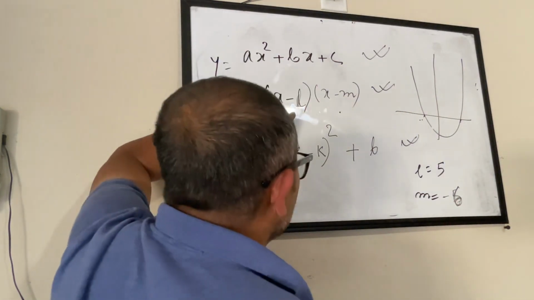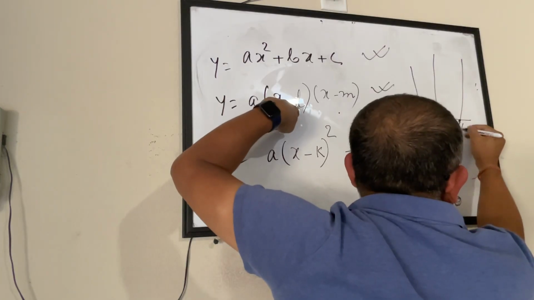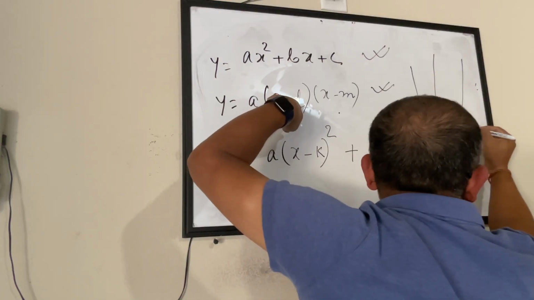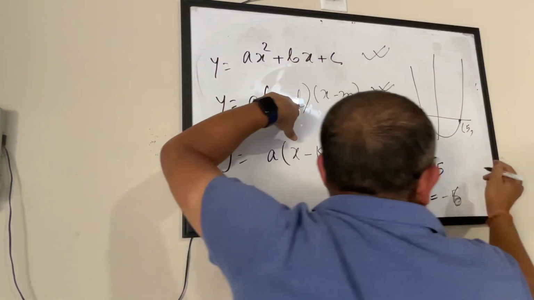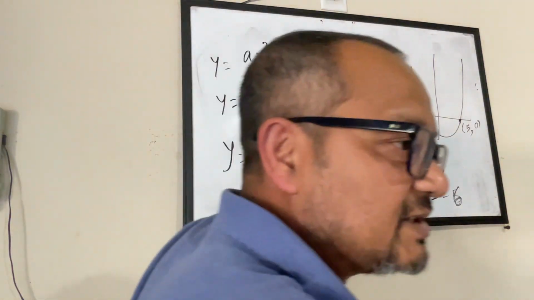What it means is L is this point where the x coordinate is equal to 5 and the y coordinate is 0. This is where it's meeting the x-axis.